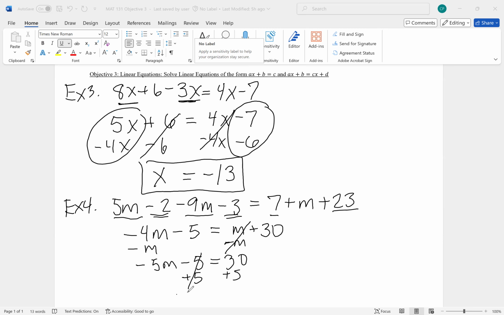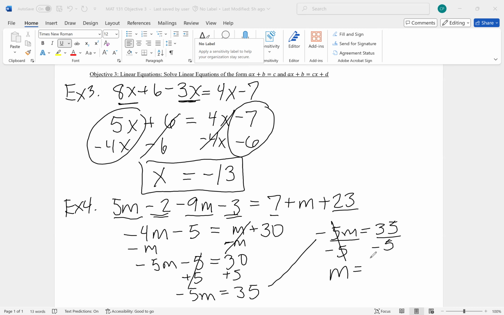And we're going to be left with -5m equals 35. Okay? From here, now we need to divide both sides by -5. When we do that, -5 over -5 is going to be 1, which is just going to leave us with m, which is what we want. That's why we did it.